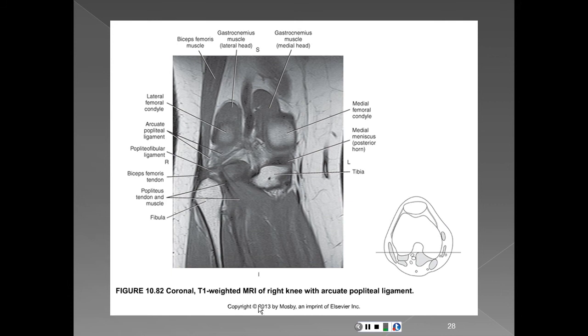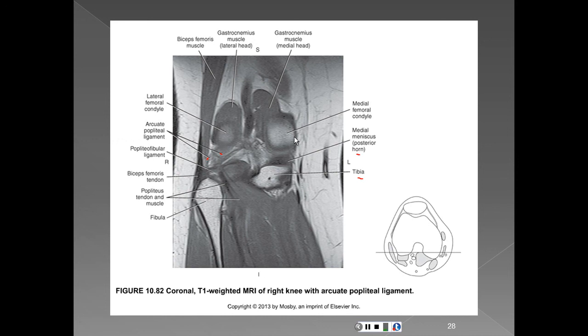Coronal T1 weighted MRI of the right knee with the arcuate popliteal ligament. Here we have the tibia, the medial meniscus, the posterior horn of the medial meniscus. This is a picture of the arcuate popliteal ligament. It would be right there and right there, and it's cut because we've taken a picture through it, but of course it connects.